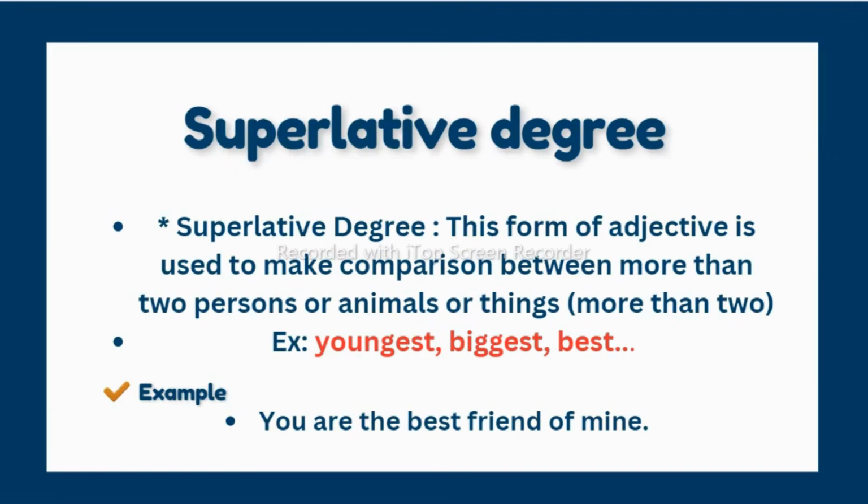You can see here, you are the best friend of mine. First we were using good in positive, better in comparative, but best in superlative. One more important thing is you can use 'the' before the superlative degree. Whenever you see 'the', that means it is a superlative degree.